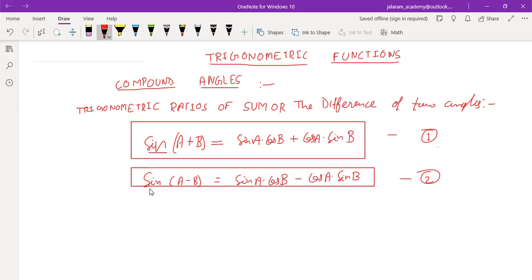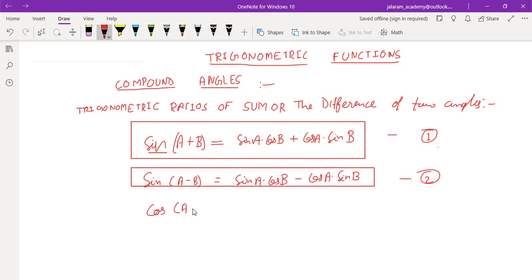Repeat both the formulas now. Sine A plus B equals sine A cos B plus cos A sine B. And sine A minus B equals sine A cos B minus cos A sine B. So let's now discuss the next. We know that the next trigonometric ratio is cosine.